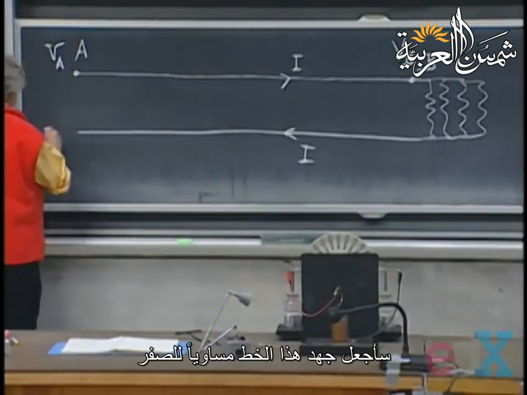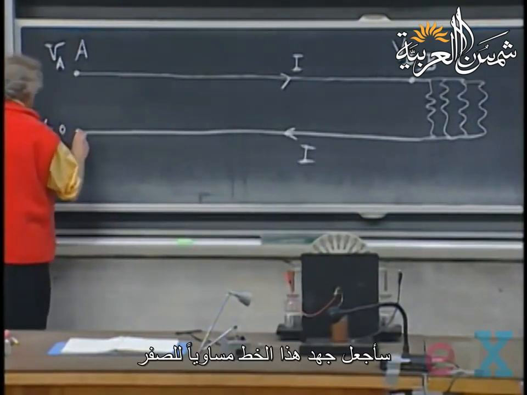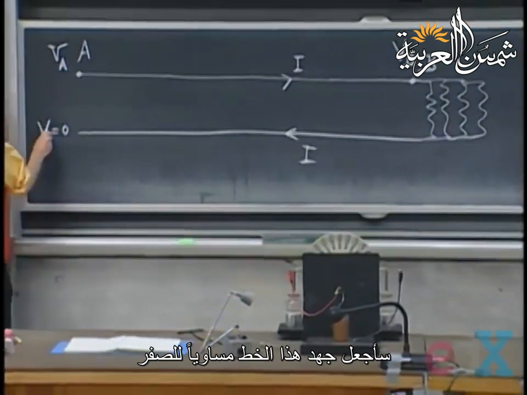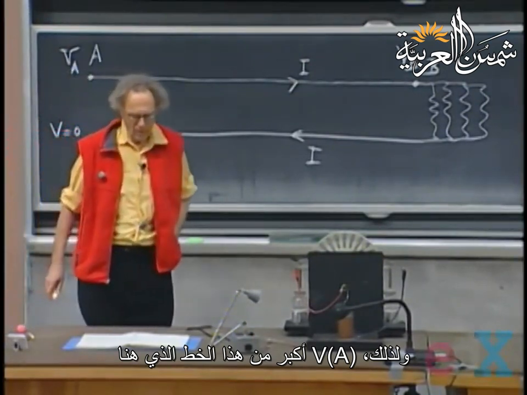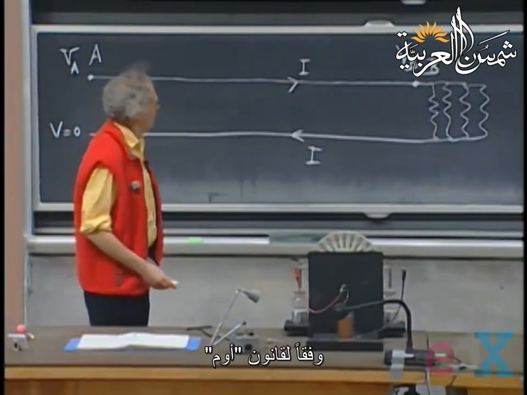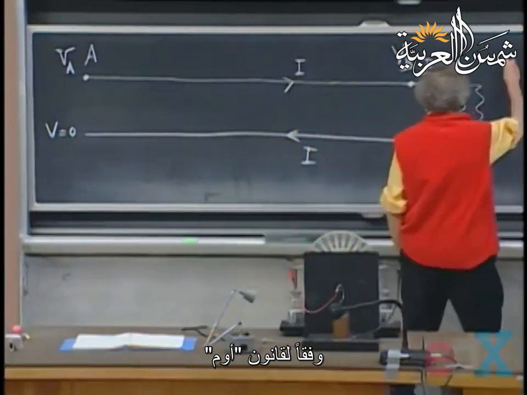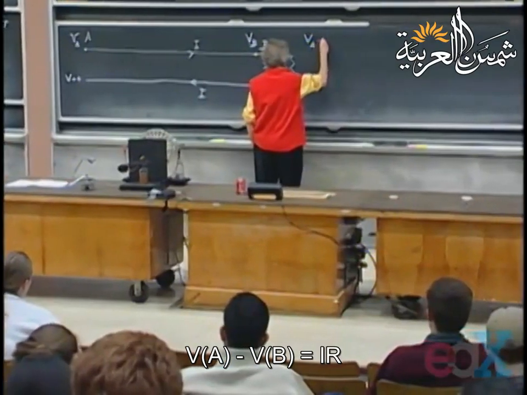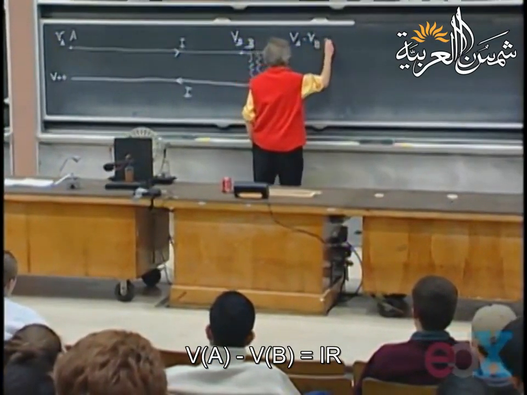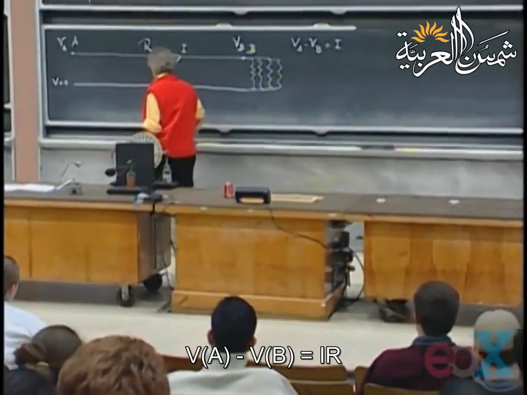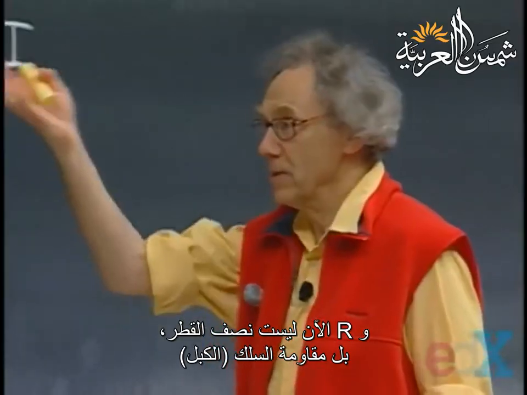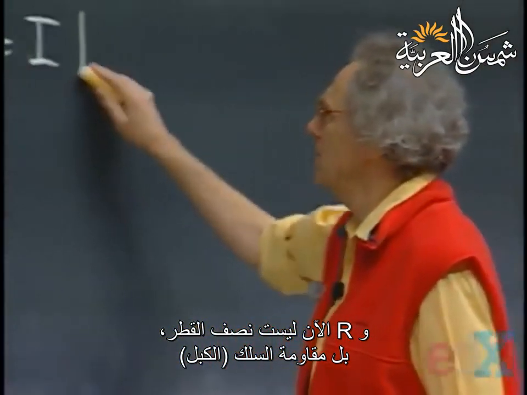I will call the potential of this line 0, and so this is V of A higher than this line here. Well, according to Ohm's law, VA minus VB is the current times capital R, which is now not radius, but resistance in the wire.